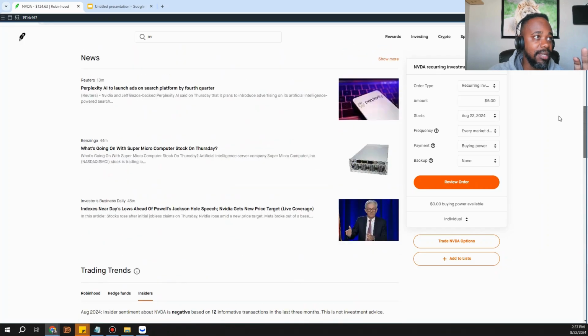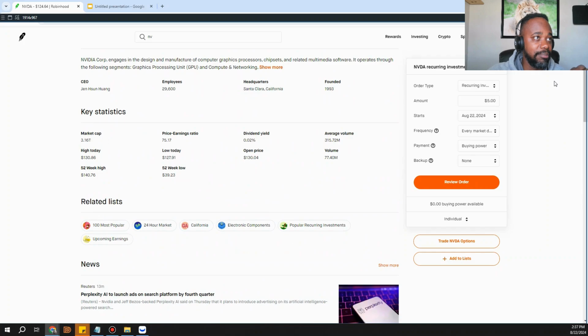Okay. And then if you're more interested in knowing things in more depth, you have market cap, the PE ratio, the dividend percentage, and then you can see the average volume. So this number here is how many trades per day is average for this particular stock. And so you'll see why a lot of people like to trade NVIDIA, because you're not going to see another stock that trades this much.